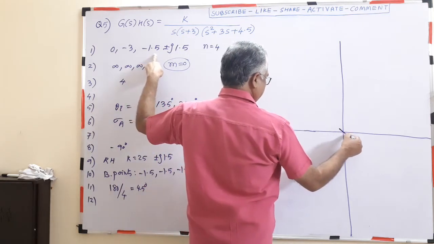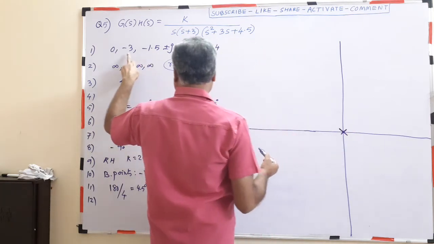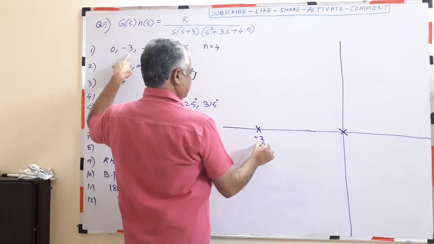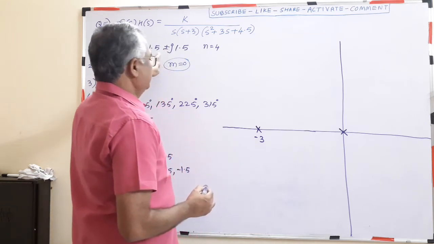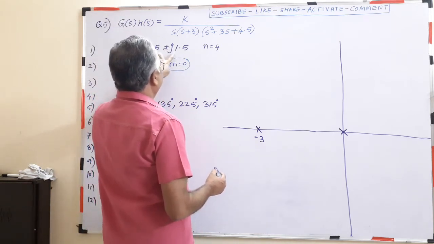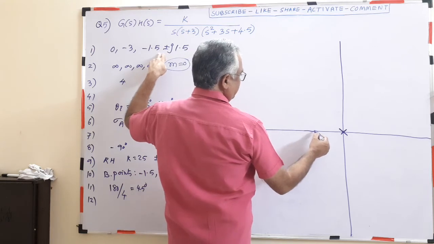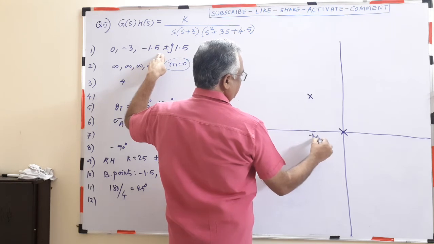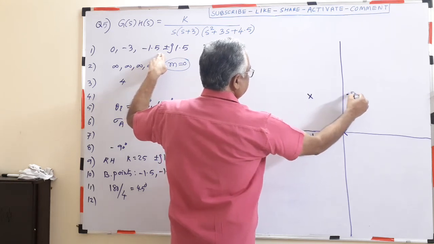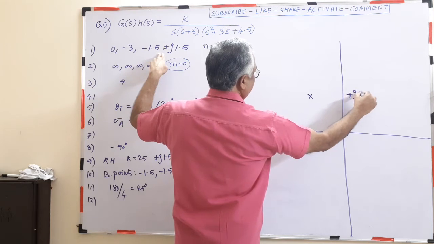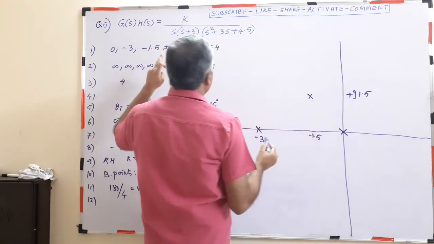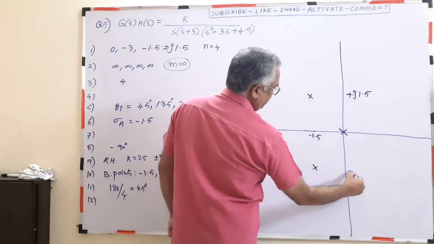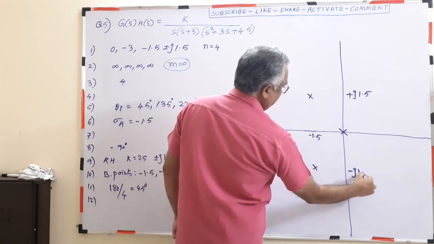One pole at origin, one pole at minus 3, then minus 1.5, and this is plus j 1.5, complex conjugate, minus j 1.5.